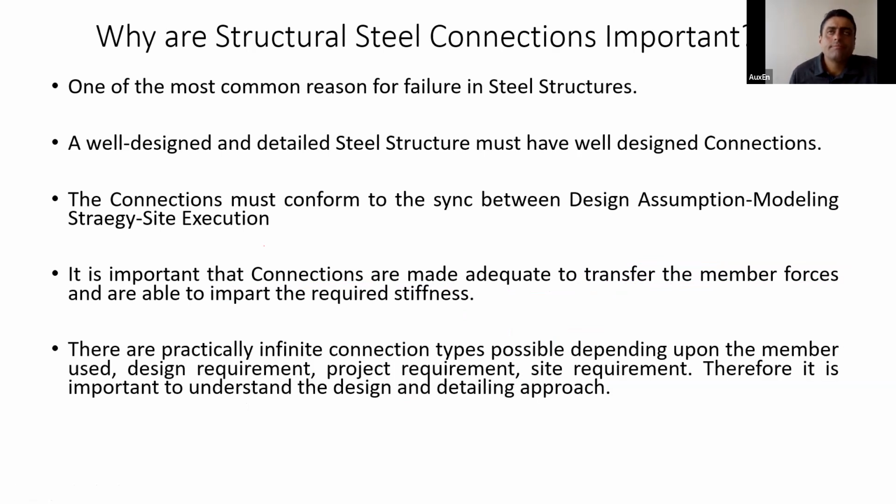There are practically limitless connection types possible. Why? Because it will depend on the member used. For example, if your column is an I section and your beam is an I section, maybe your connection type is different.